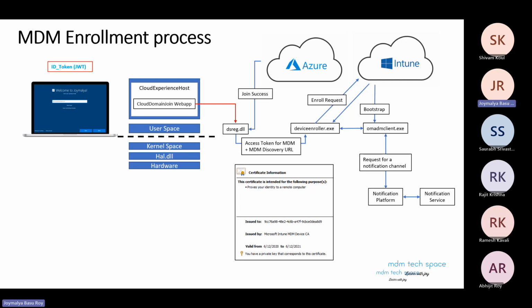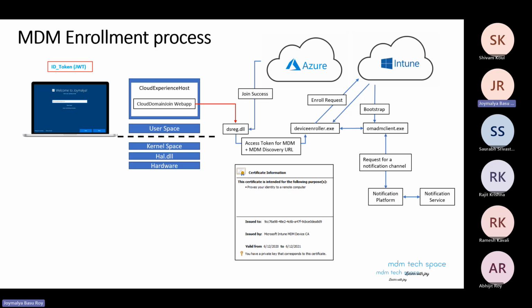Once the certificate is down on the device, it will bootstrap the OMADM client. Now, what does bootstrap mean? Bootstrap means that Intune is configuring that particular client to contact only it as the provider.